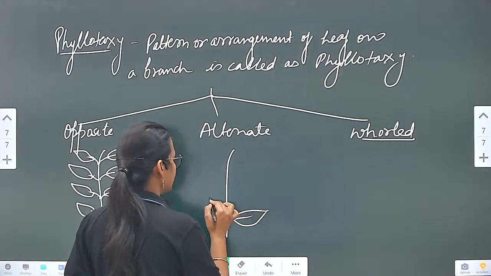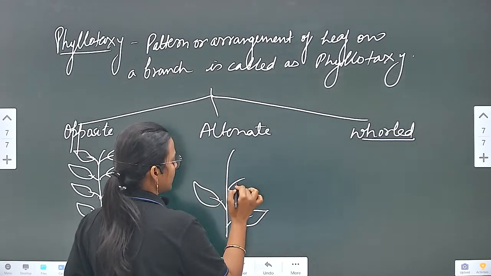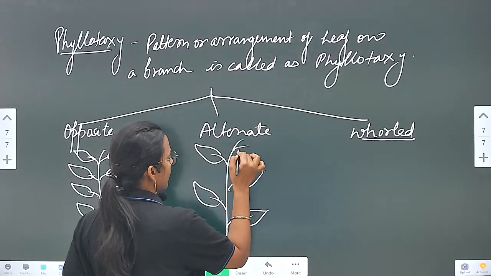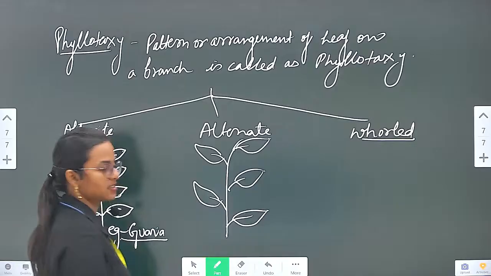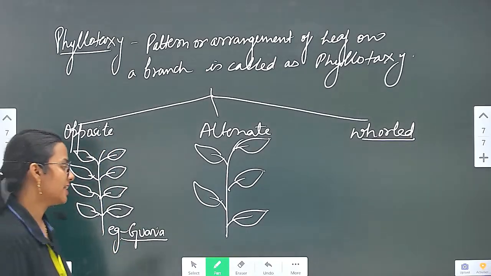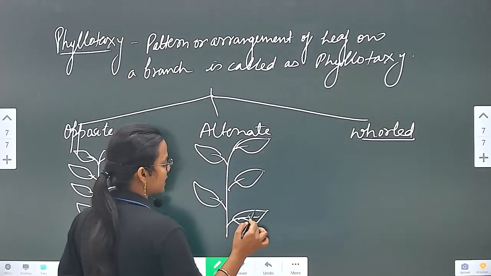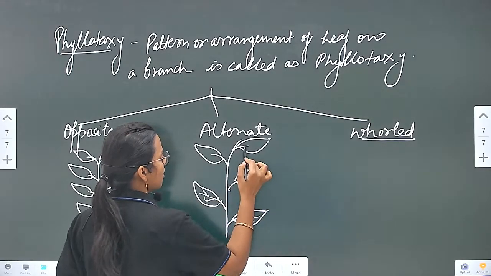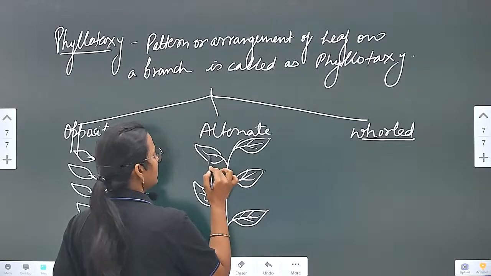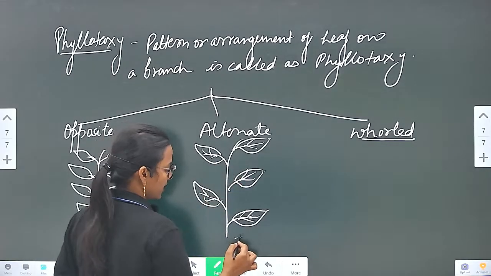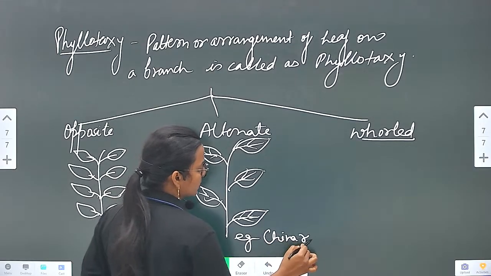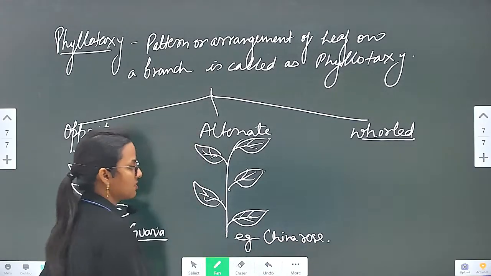One like this, one like this, one like this, and it goes on like this. Have you ever seen? Definitely you would have seen, because it is a very common example seen in rose or China rose. Example is China rose, rose, etc.